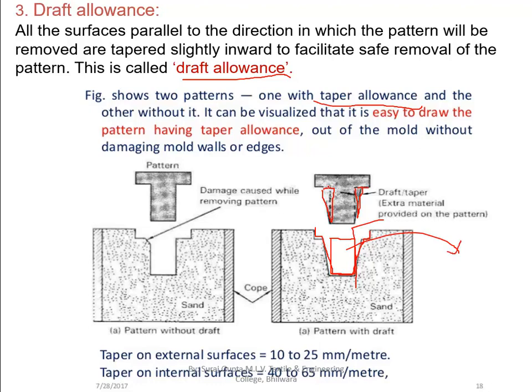So this is required for the easy removal of the pattern from the mold to create the mold cavity without any damage. If draft allowance is not provided, it is very difficult to remove the pattern, so damage can appear. This space cannot be filled by the mold sand very easily, so that damage will be shown in the product after casting.